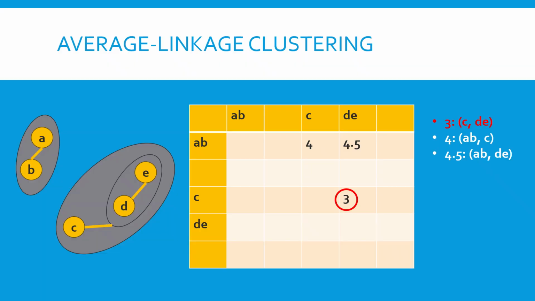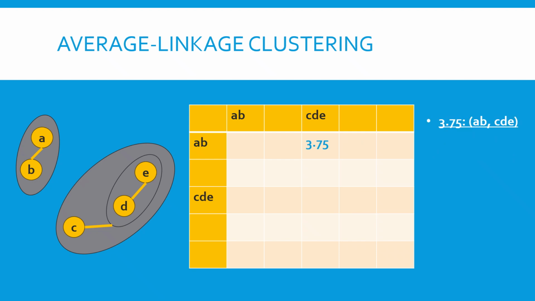Next, we extract the smallest spacing from the heap and merge the corresponding clusters. In this step, the smallest spacing is between C and DE. So we merge them into a new cluster, CDE. And then, as before, we update the heap by removing the old spacings for C and DE and inserting the new spacings for the merged cluster CDE.